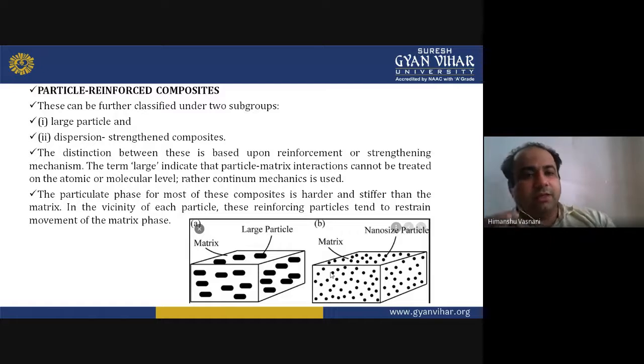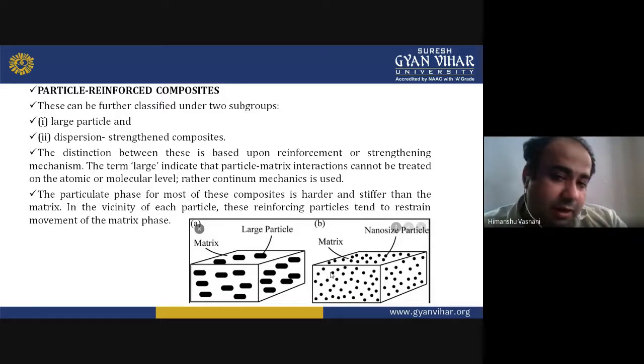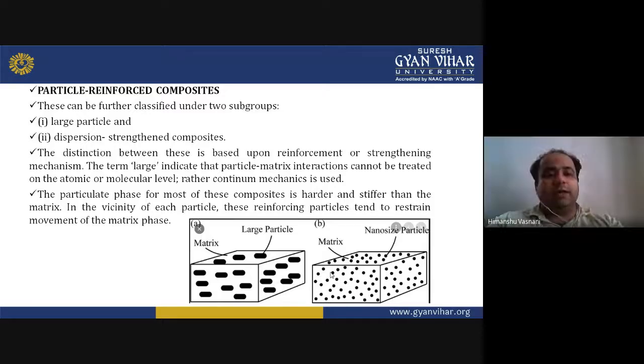The particulate phase for most of these composites is harder and stiffer than the matrix.